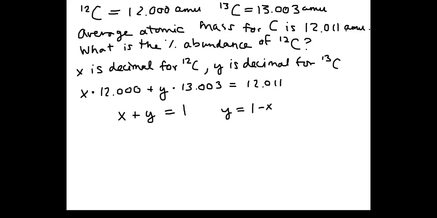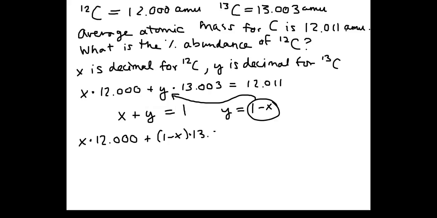So this is now going to be substituted in for y, which means that x times 12.000 plus 1 minus x times 13.003 equals 12.011. You now have one equation and one variable. You can solve for x. What do we have to do to solve for x?